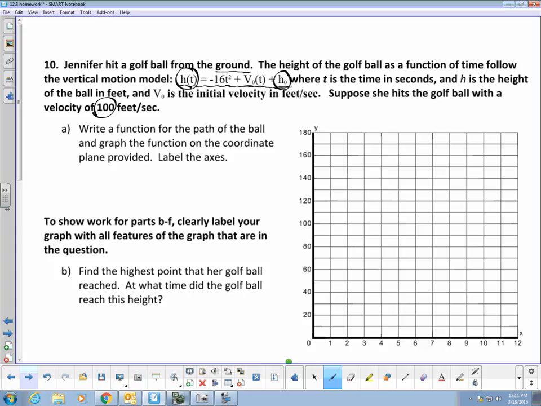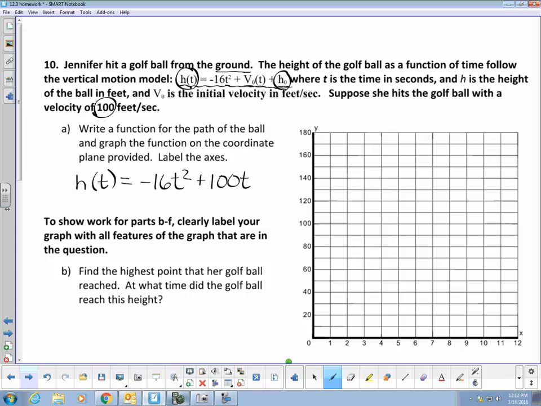So using those two values, my function is going to be h of t equals -16t squared plus my initial velocity, 100, don't forget times t. Because it starts from the ground, my initial height is plus 0, so I can just leave the function as it is.